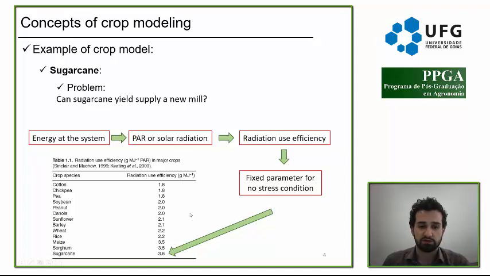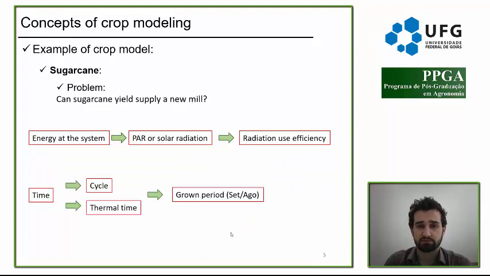In this example for sugarcane, 3.6 grams are produced for each megajoule of photosynthetic active radiation incident at the location. So this is our conception of the model, how we describe it and use this parameter to make this conversion. This is the basic.